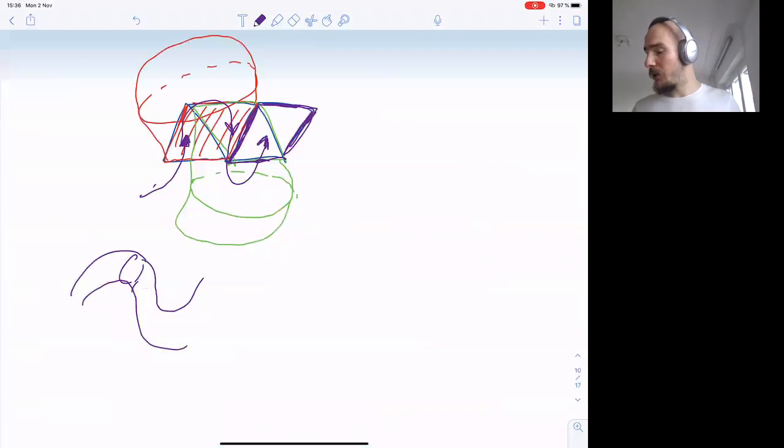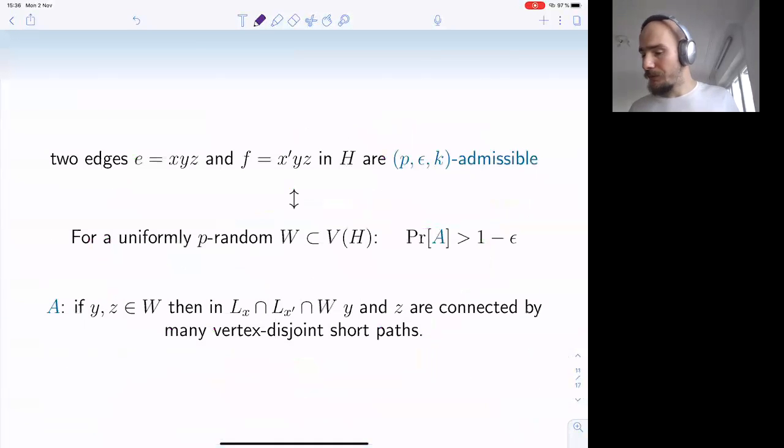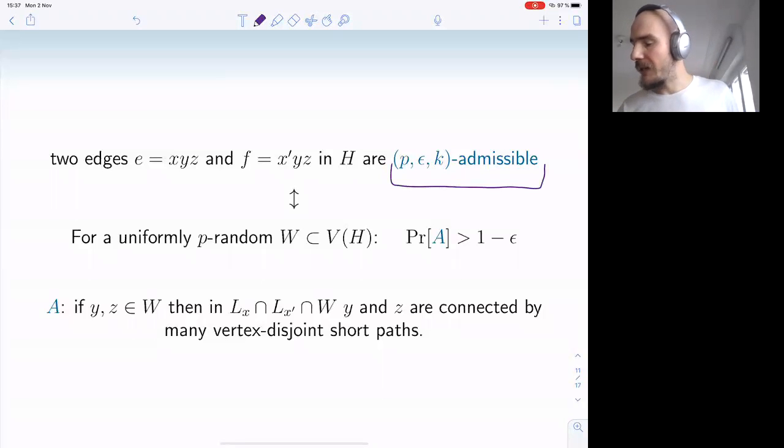So let me elaborate on some of those. What do I mean by this saturation thing? I mean that we select a subhypergraph in which all edges, or more precisely, all pairs of edges, satisfy a condition which is very similar to the condition that I'm defining on this slide, which is called P epsilon K admissible.